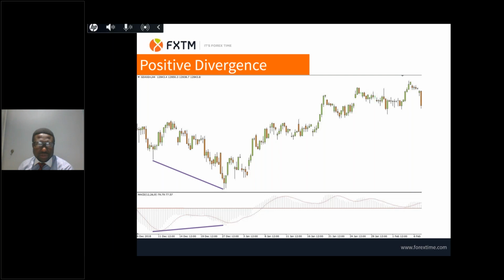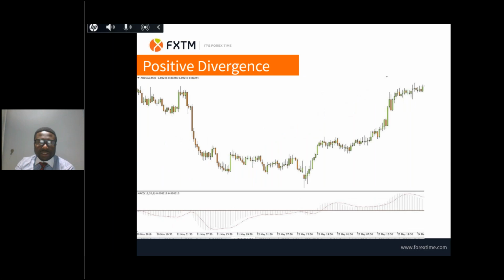Let's look at another positive divergence, another example here. Can you see this example here? That's amazing. And then we see price rally upward. This is another positive divergence.